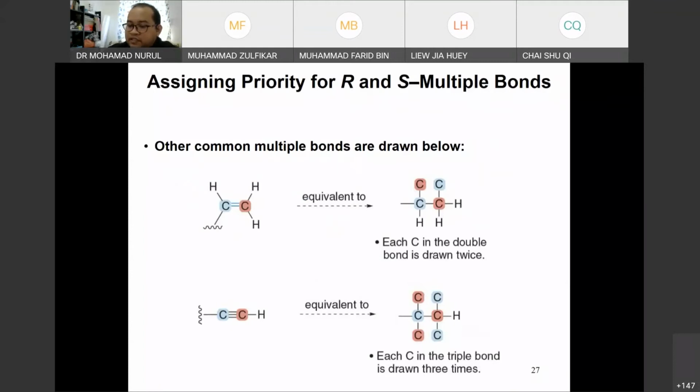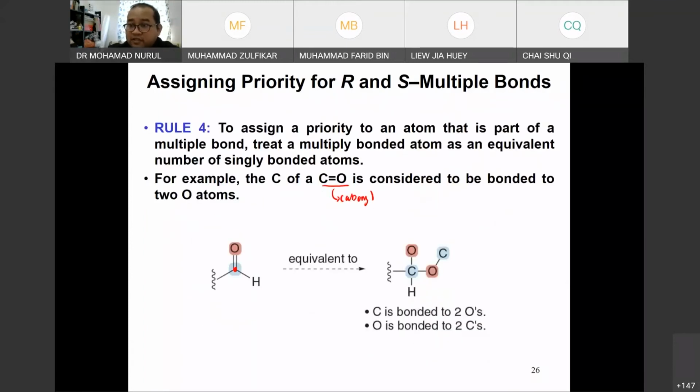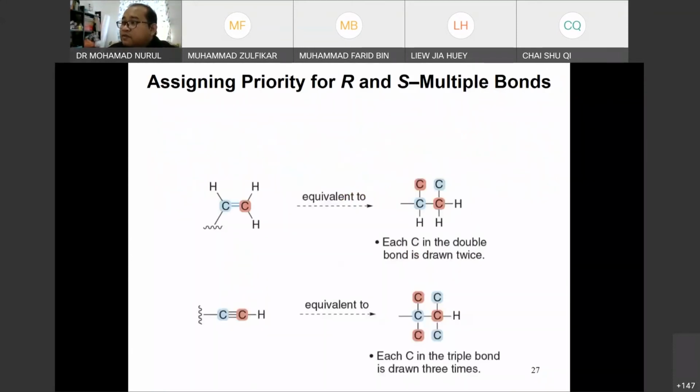Another common multiple bond is drawn below. For example, this is the carbonyl, and this is another example of the double bond: alkenes and alkynes. So it is equivalent to carbon bonded to carbons.